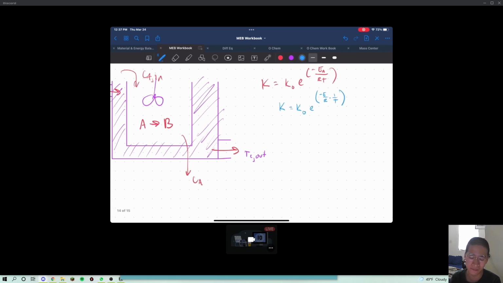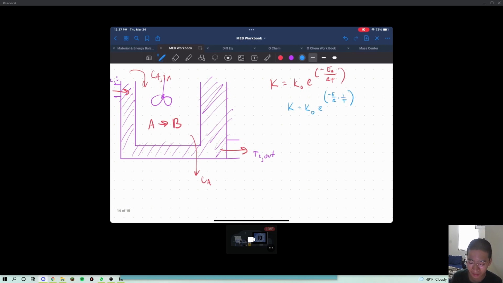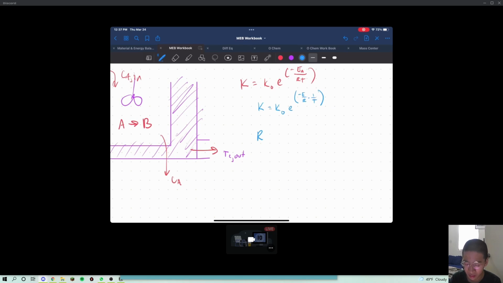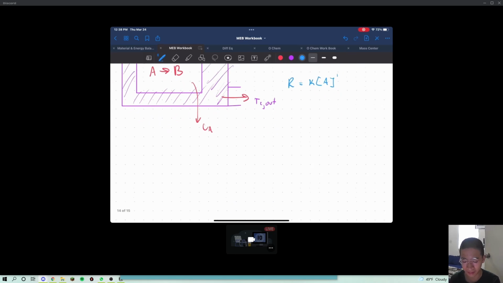And once again, remember that I described the reaction as a first order reaction. Therefore, the rate of the reaction is equal to k times the concentration of A. Simple as that, right? To the first power, because it's first order, but that's besides the point.